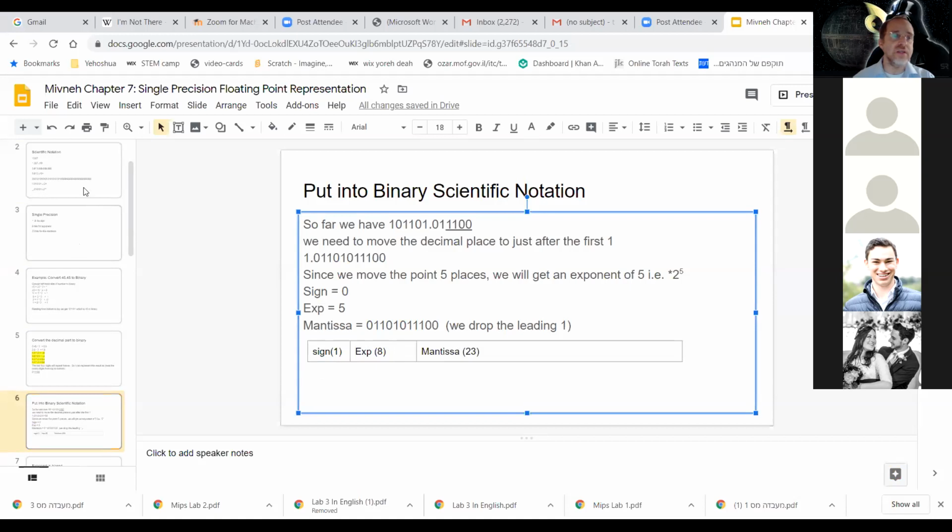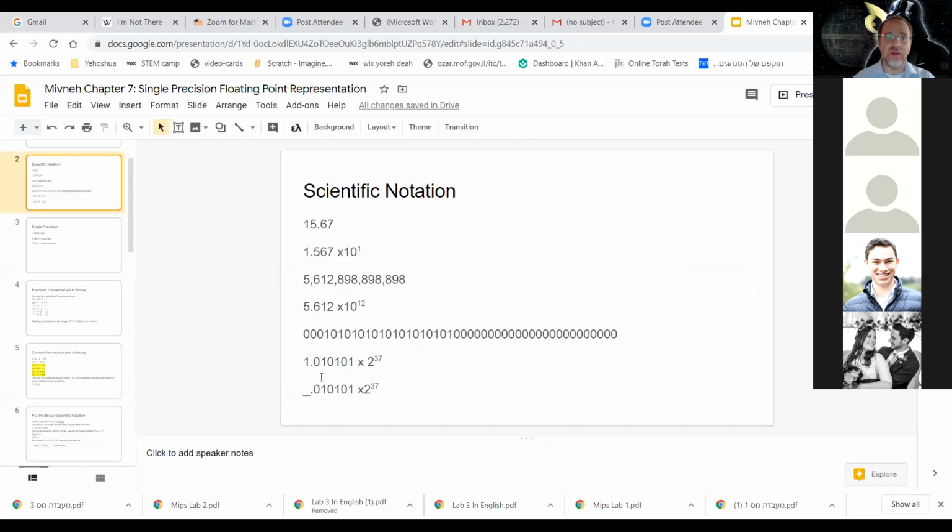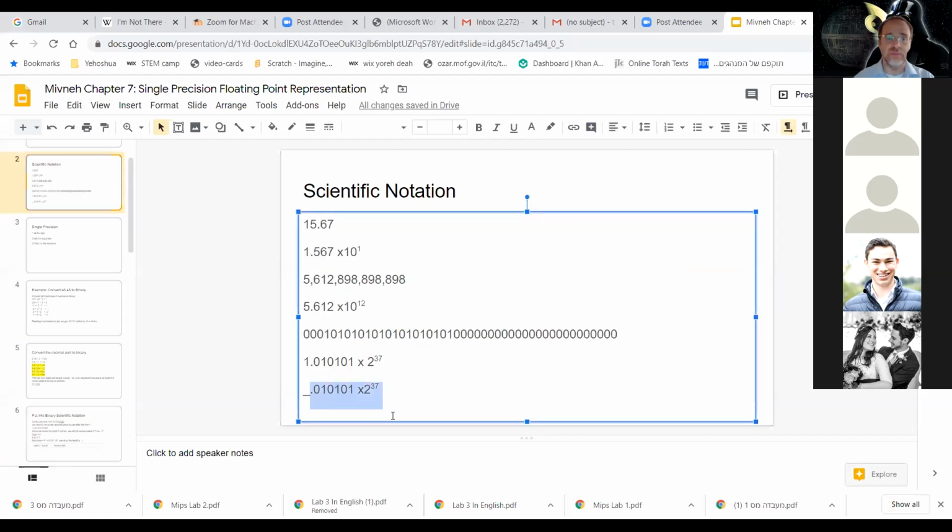What is the mantissa? The mantissa is this part. That's called the mantissa. Okay, after the decimal? No, well, this is also the mantissa. Mantissa is a general term in math for the thing that is multiplied by the exponent, not the 10, but the values.